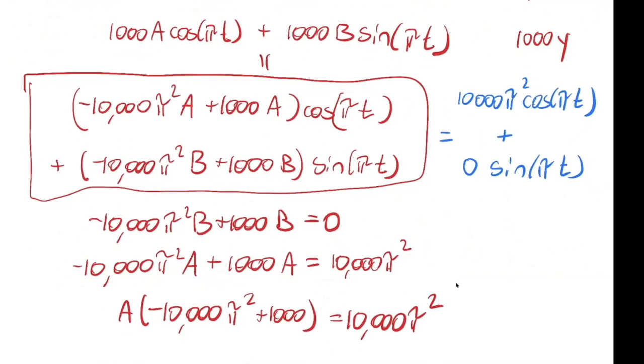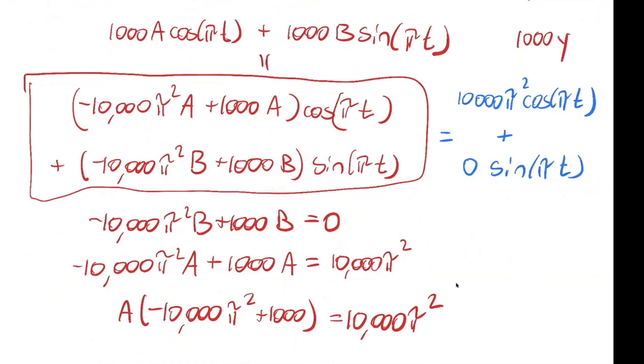So then this tells us we have two equations. For the cosine piece, I need the coefficients in front of the cosine, which is minus 10,000 pi squared a plus 1,000 a. That should give me the 10,000 pi squared. And as far as the b terms go, all of this stuff over here should equal 0.